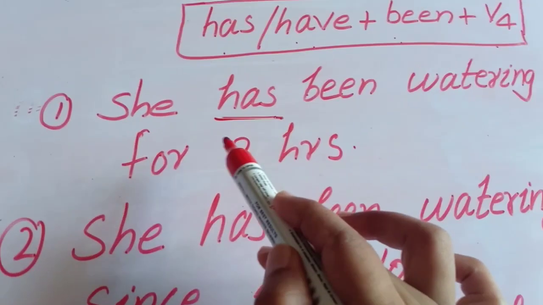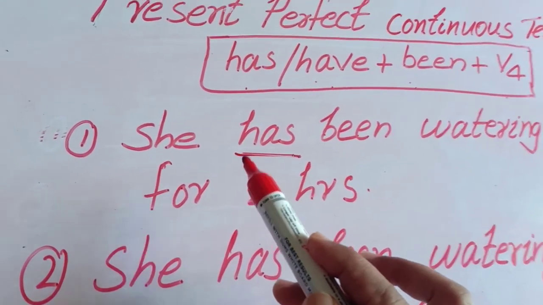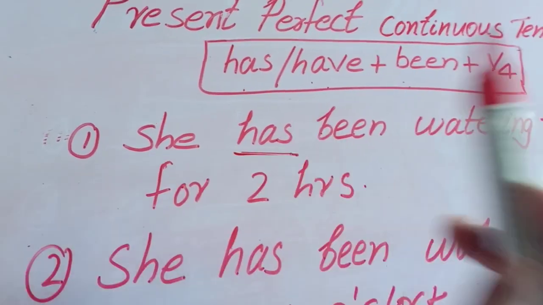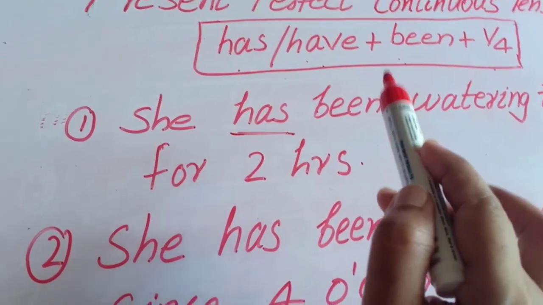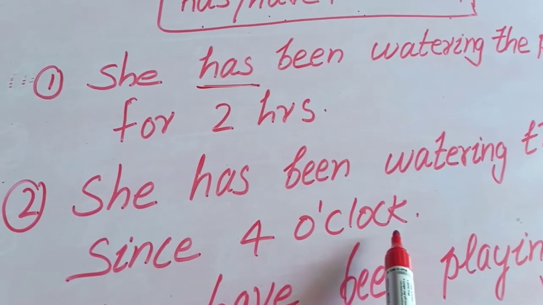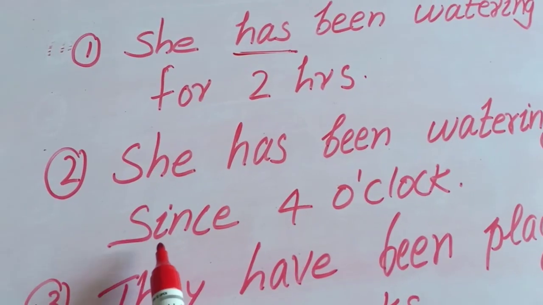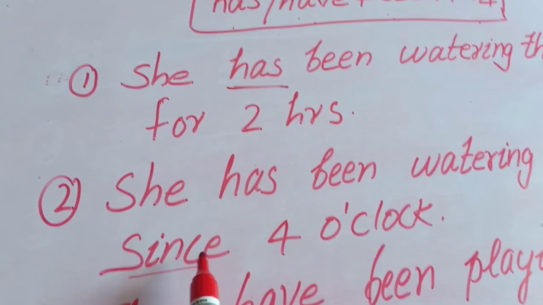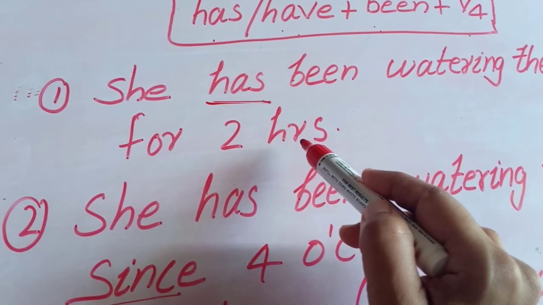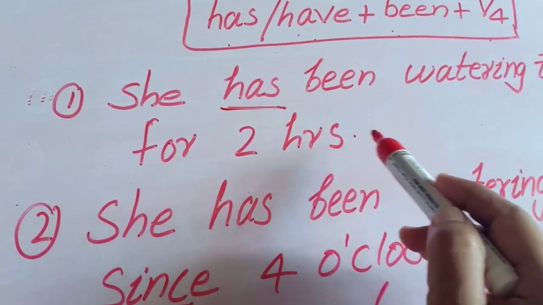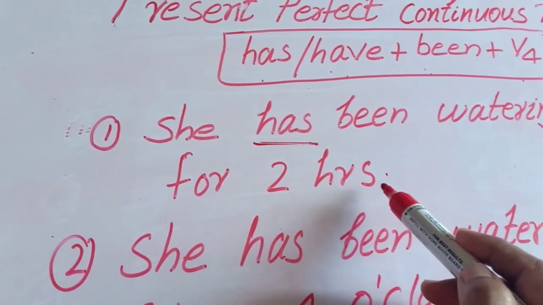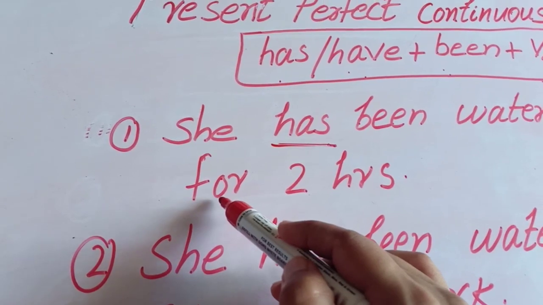So, if the point of time, the exact time, is given like 4 o'clock, we should use since. And if a period of time is given, we don't know the exact time but we know the average time, 2 hours means a period of time, in such a case we will use for.